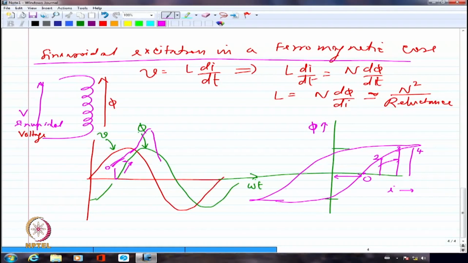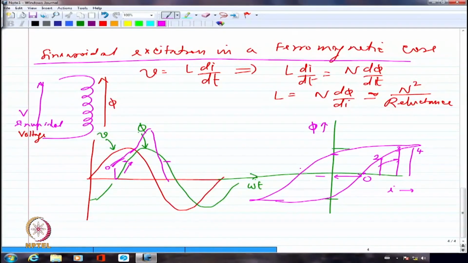But if I try to look at this point, for example, there is already a flux density value existing almost corresponding to this value. But by then the current has become 0. So, you would see that the current abruptly, or very quickly, falls to 0 from its peak value, and then I may increase the current in this direction, right?